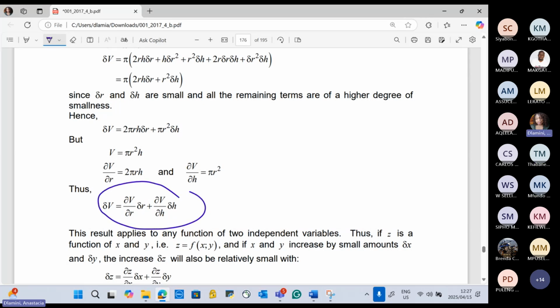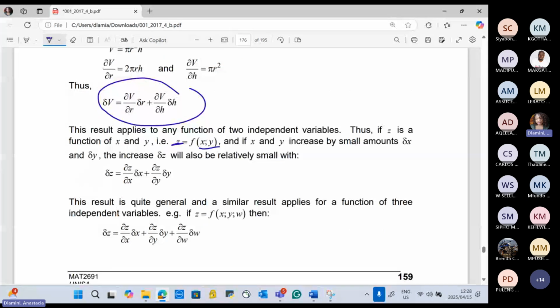This result applies to any function of two variables. Remember, Z is the dependent variable, and the independent variables are X and Y. It also applies to 3 variables, 4 variables, 7 variables, and so on.